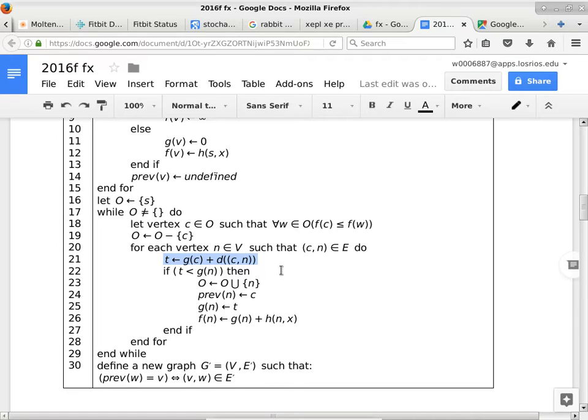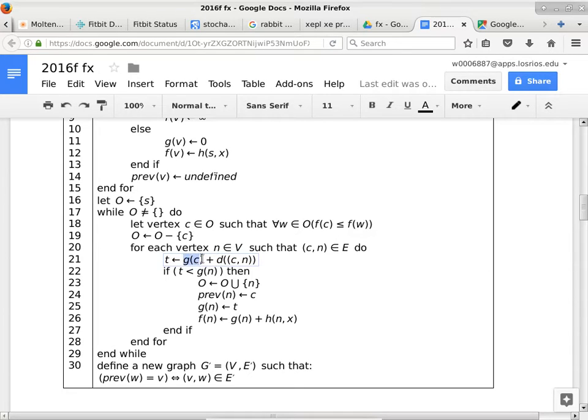Let's take a look at what g of c is again and what d of c,n is, and why that is particularly important to us. When you look at the whiteboard, you can already see that g of v is the actual known shortest distance from the start state S to the vertex V. So that accounts for this part here.